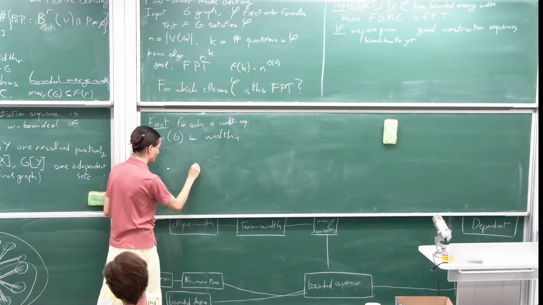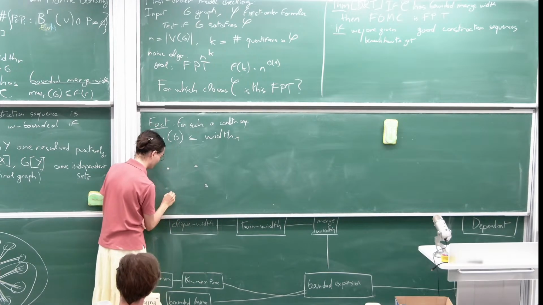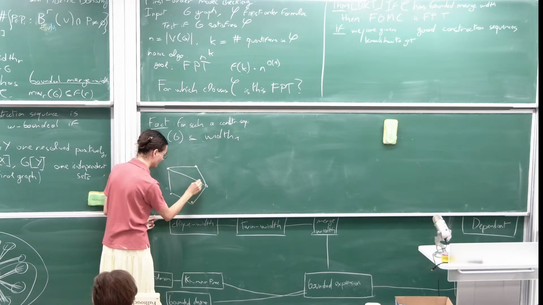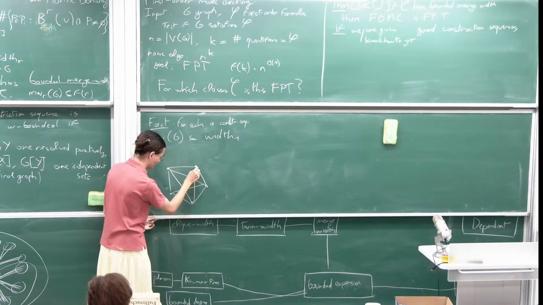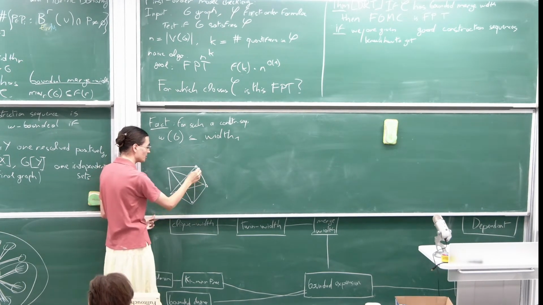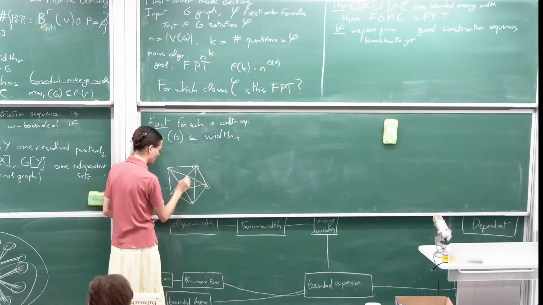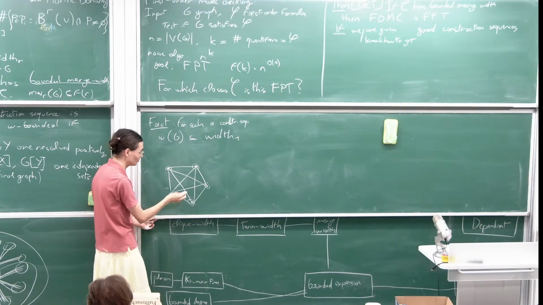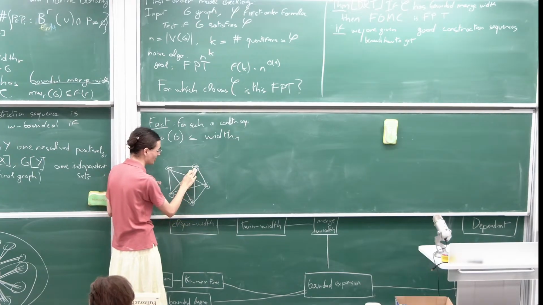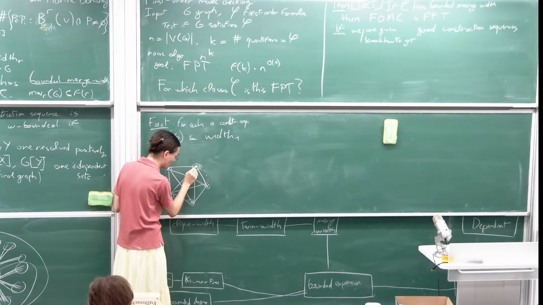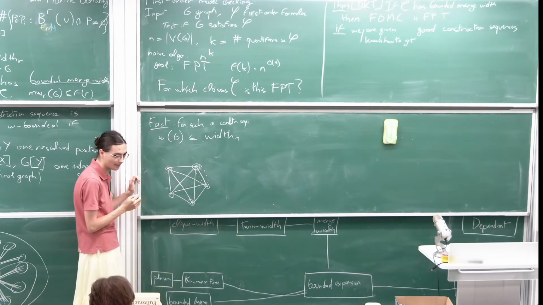Imagine you have a big clique in your graph. Now look at the first moment where, so initially all of these are singletons, and at some point they are going to be merged together. I can always assume that in the end everything is merged together, so in the worst case this will be at the very end of the sequence. So at some point, I'm about to merge two of them together.